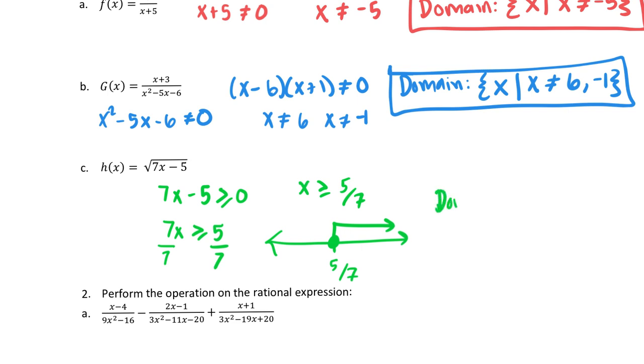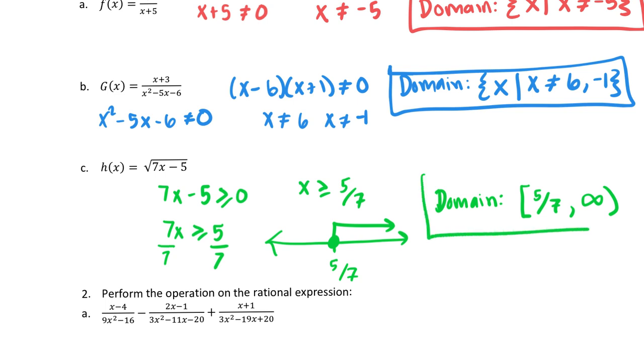So when we write the domain here, because we don't just have 1 or 2 restrictions, we have an interval of restrictions, we can't write it like we write the domain for rationals. We have a whole interval that can be equal to the domain, so I'm going to use interval notation. And there we go.